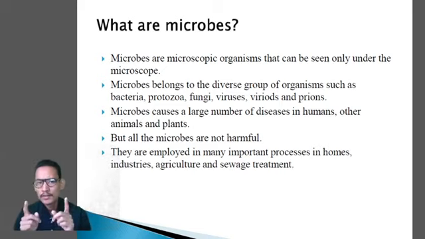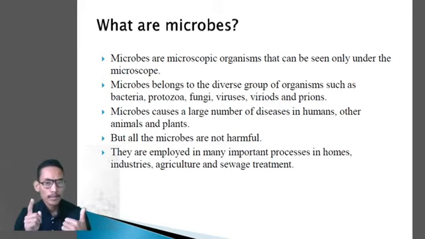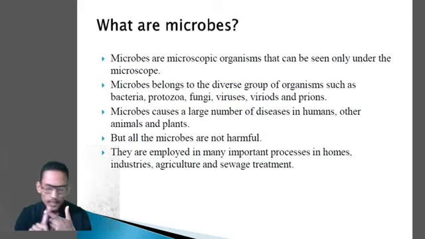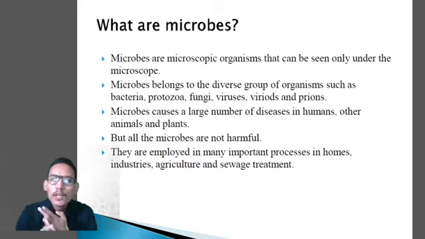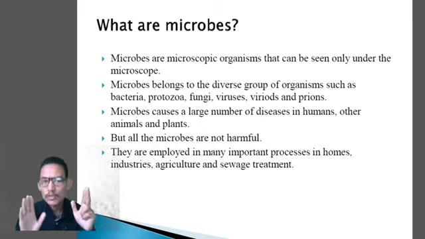The product may be enzymes, organic acids, or any type of bioactive molecules obtained from them. And next, you have to remember their uses. So these three points you have to remember in this chapter.